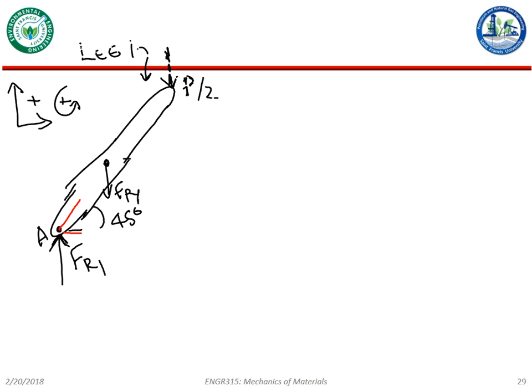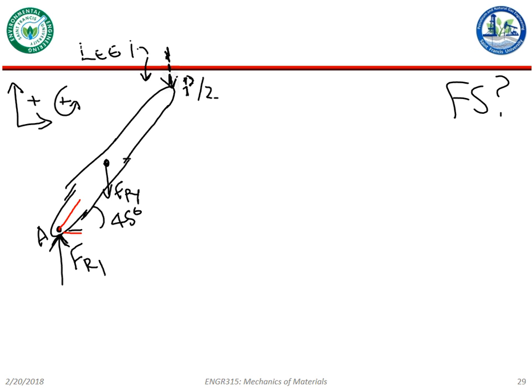So in the end, we're trying to get factor of safety, right? In order to get factor of safety, we have to get stresses. In order to get stresses, we have to get loads. We found loads. So how do we get a stress from a load?